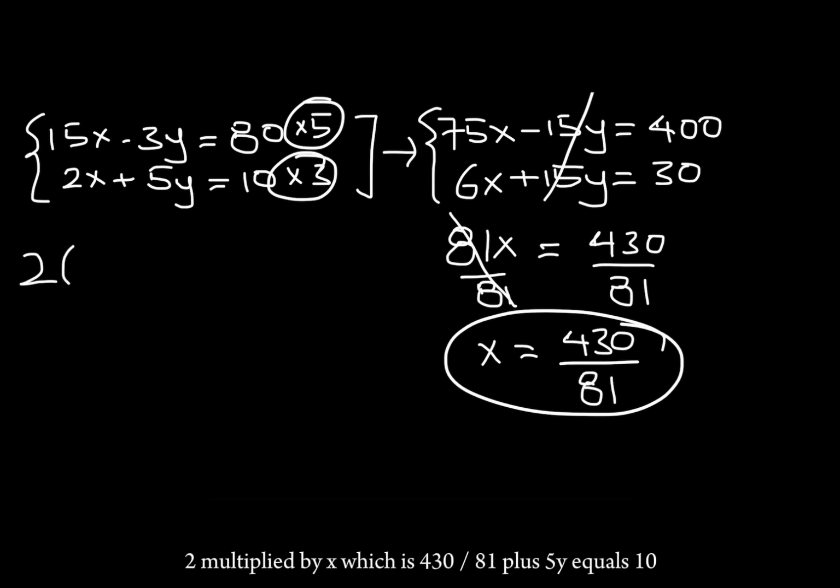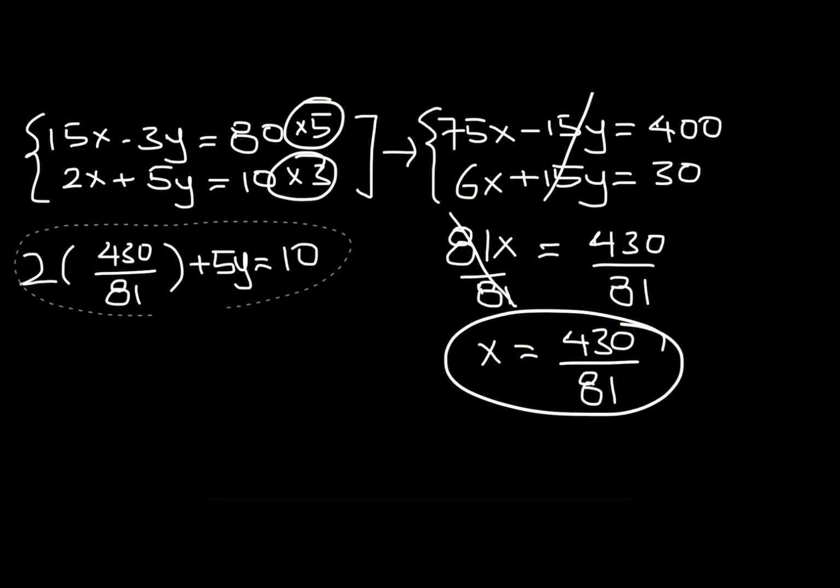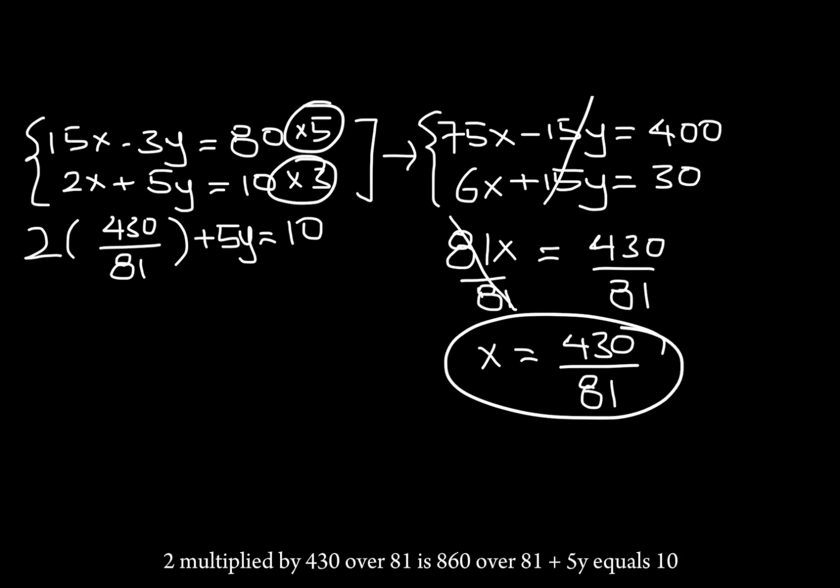2 multiplied by x, which is 430 divided by 81, plus 5y equals 10. Now 2 multiplied by 430 over 81 is 860 over 81 plus 5y equals 10.